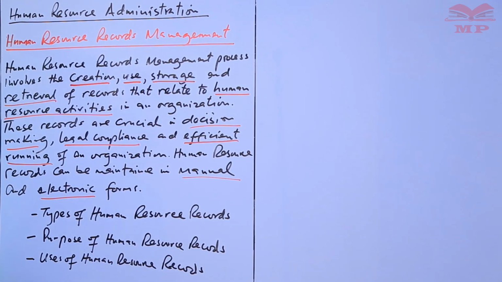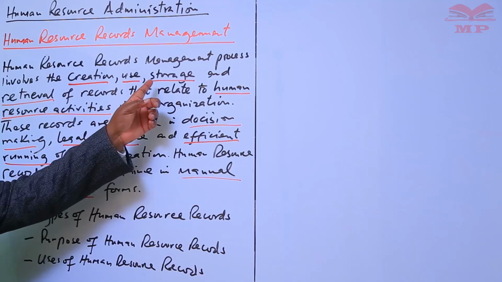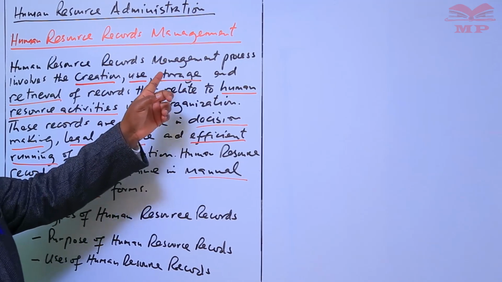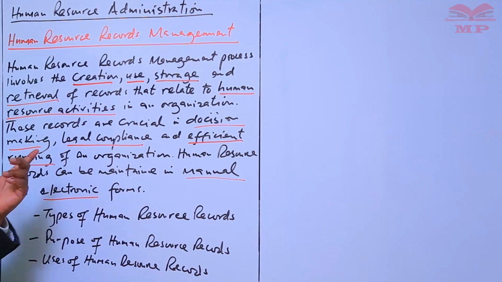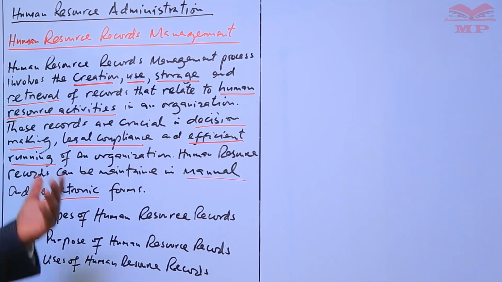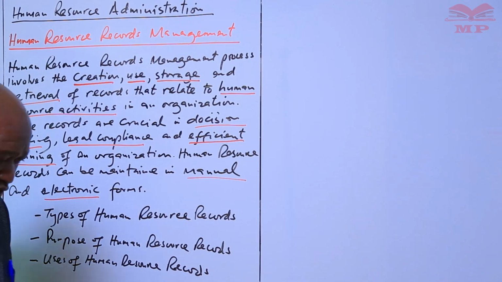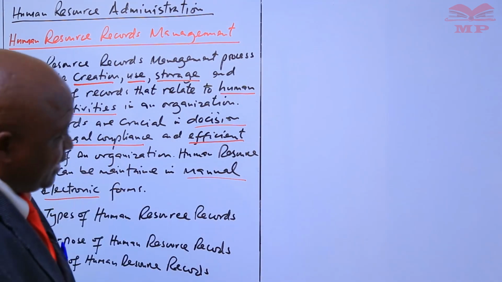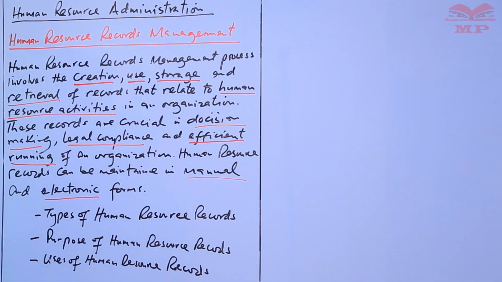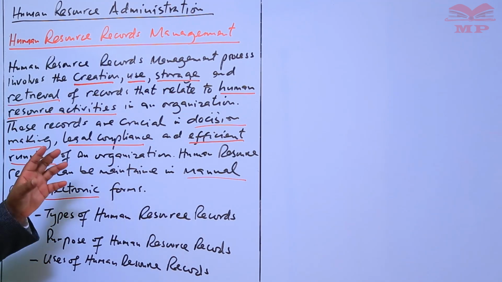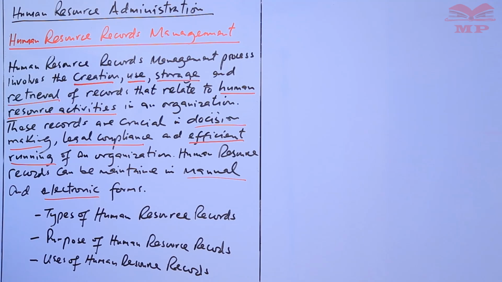Then when a decision is not being made, that particular record is supposed to be stored and can be retrieved at a future date to assist in decision making as far as human resource management activities in an organization are concerned. And if proper decisions have to be made regarding workers, then it is also important that an organization maintains an efficient system of human resource records.